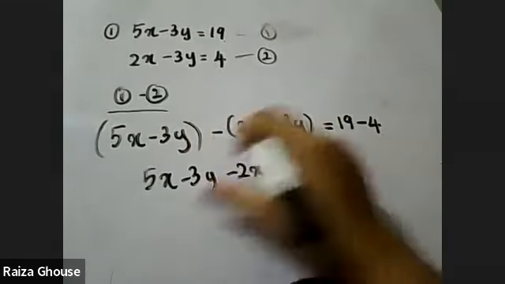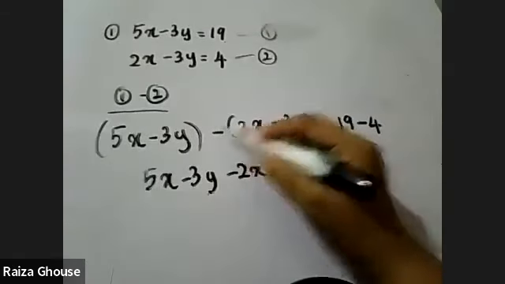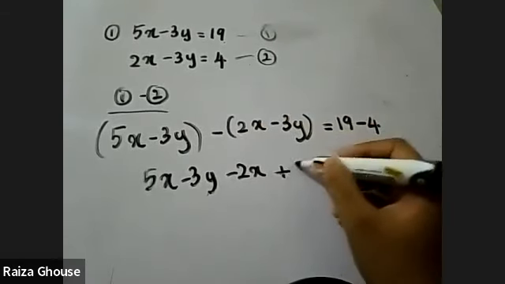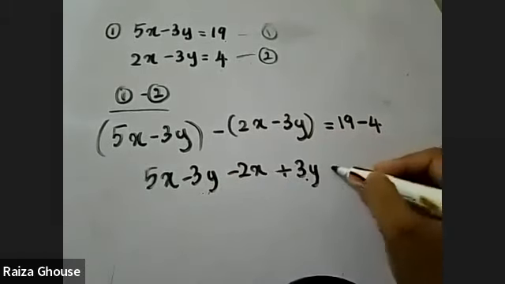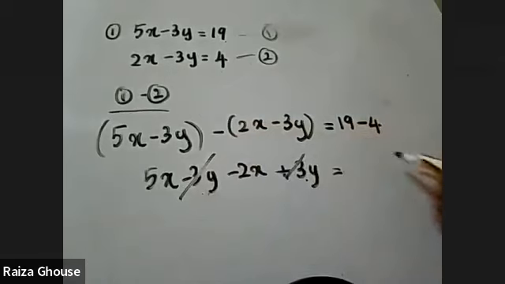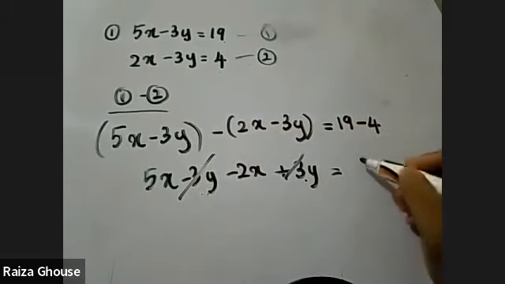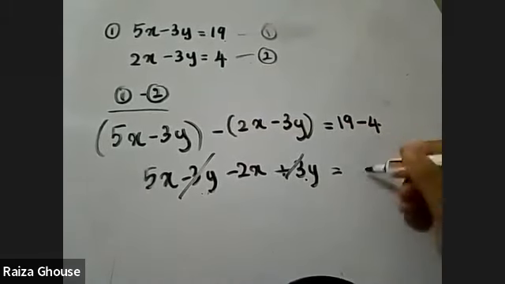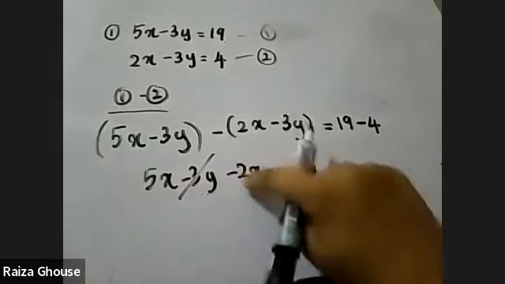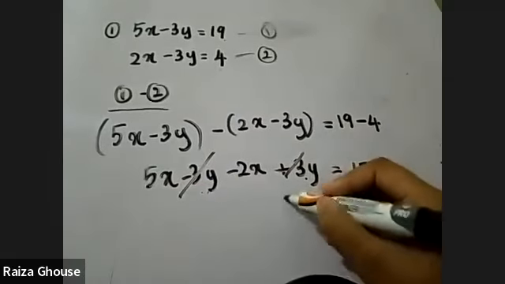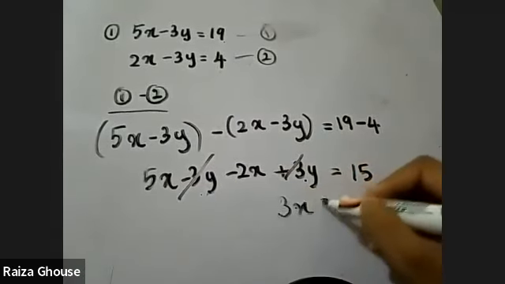Plus into minus is minus, minus 2x, and minus into minus is plus. Now can you see minus 3y and plus 3y? You can cancel them. Okay, Azima? Then 19 minus 4, you are getting 15. Now 5x minus 2x, you are getting 3x equal 15.